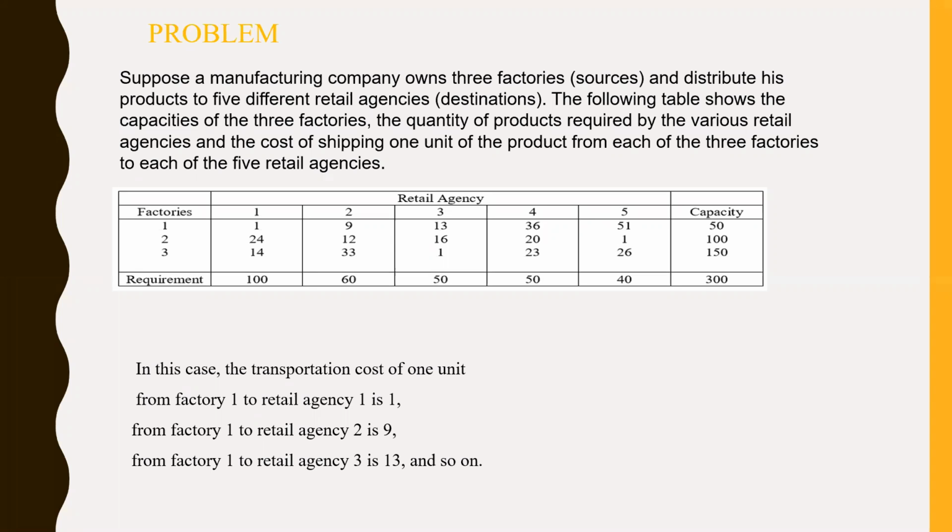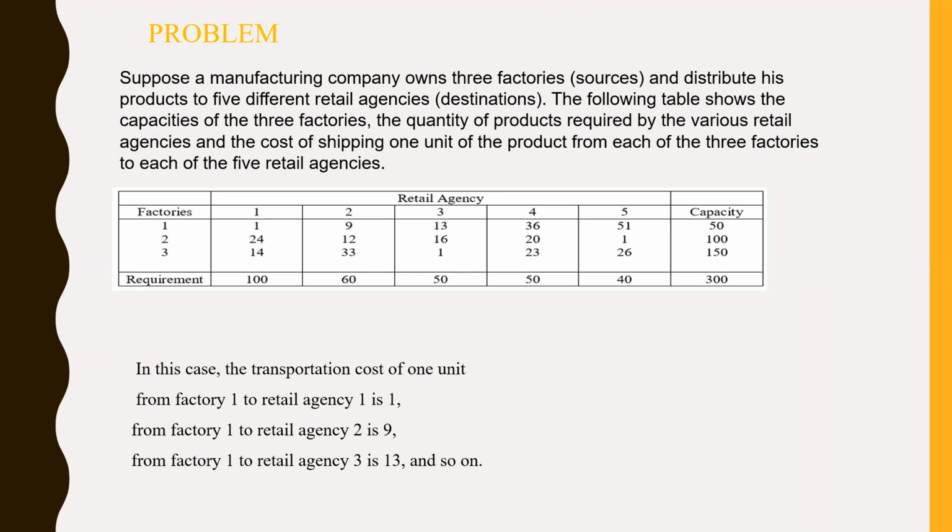The transportation cost for factory 1 to reach retail agency 1 is 1, to reach retail agency 2 is 9, and to reach retail agency 3 is 13, and so on.